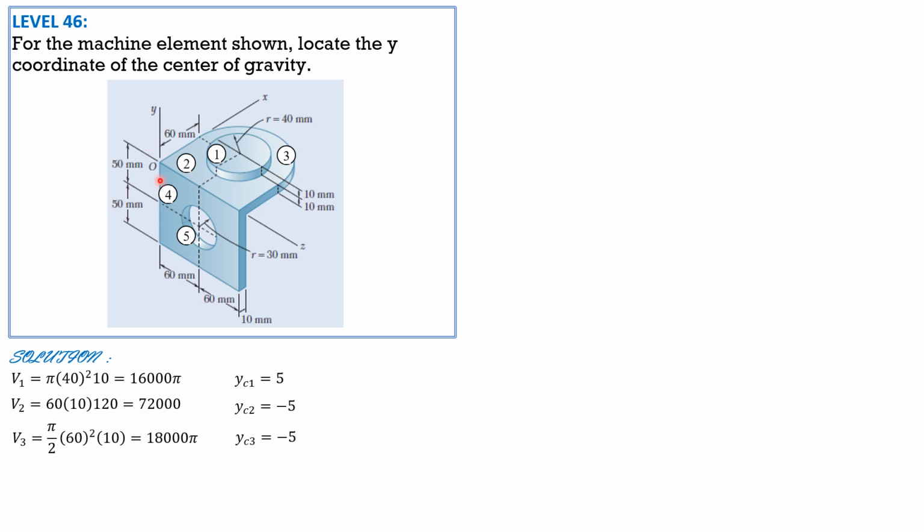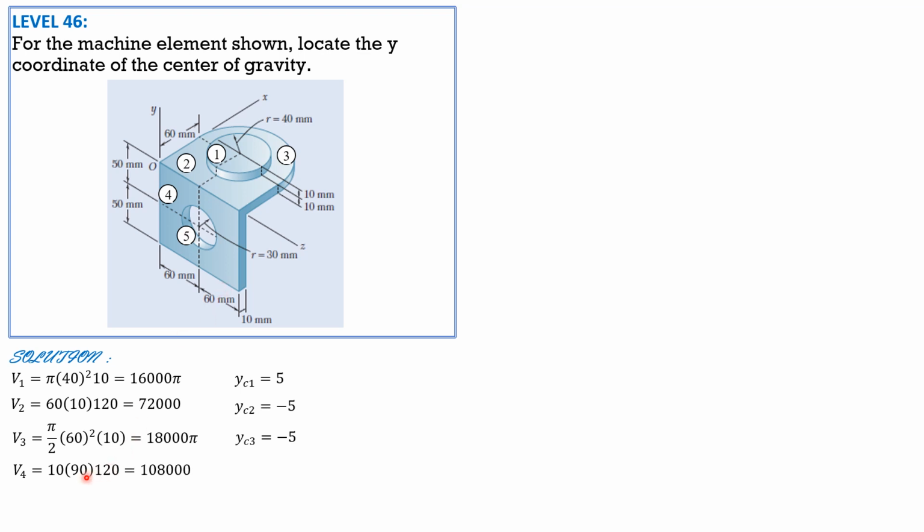Volume 4, this rectangular plate, along x, the dimension is 10 mm. Along y, it's not 100 because we consider the volume of 2, this 10 here, so 90. Then along z, 120. So it is 10 times 90 times 120.